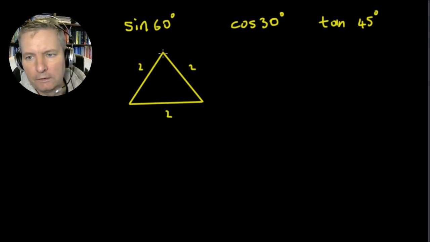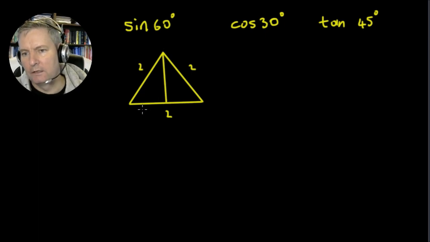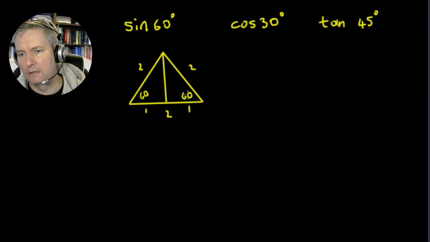So we drop our line perpendicular down here, or altitude I should say, and that means that this length here will become 1 and this length here will become 1. But we know all of these angles are going to be equal, so that's got to be 60, 60 and the big angle 60. So if we write these in, that's going to be 60, this one's going to be 60, and of course that will be 60, which means both of these will be 30 each.